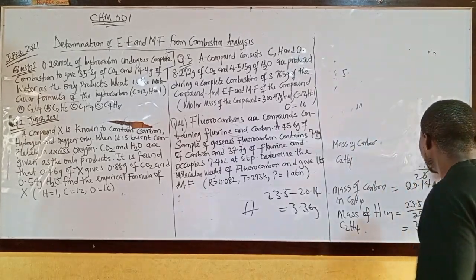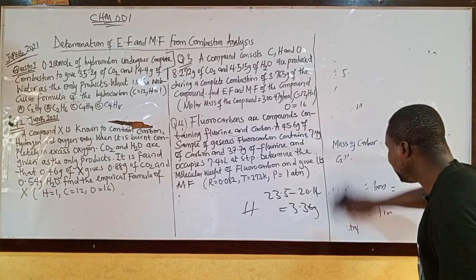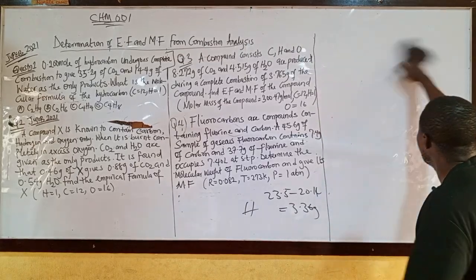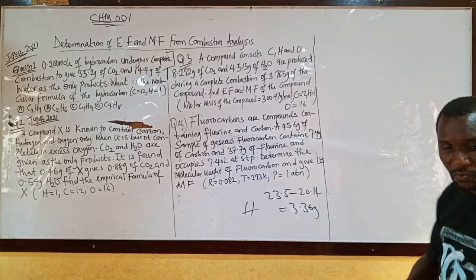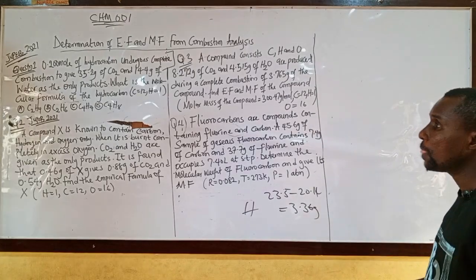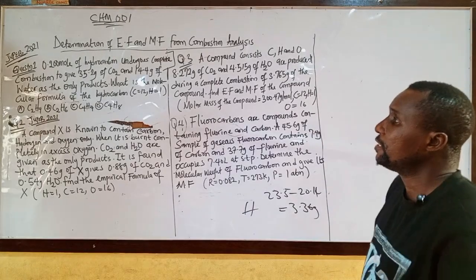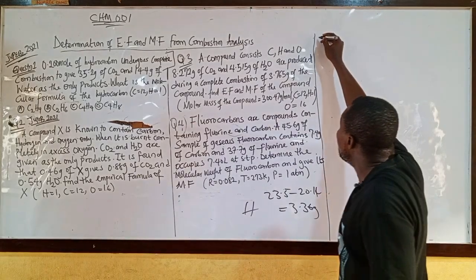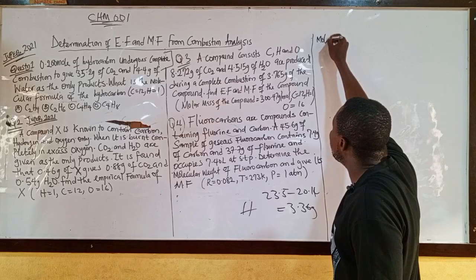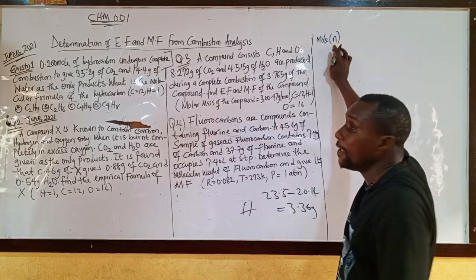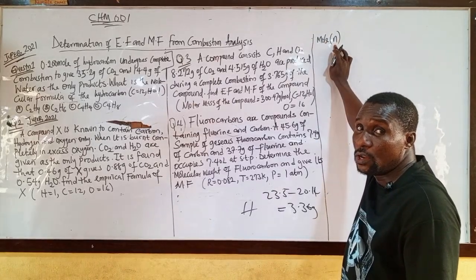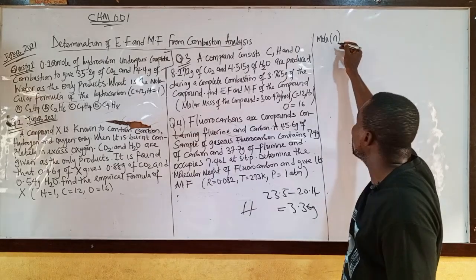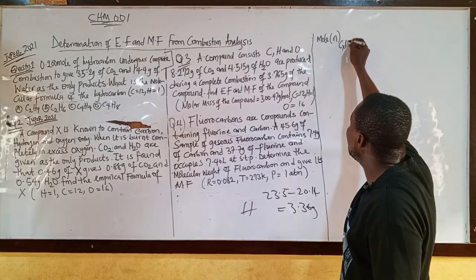Rule recap. Let's go to the first question now. Question 1 says 0.2 moles of hydrocarbon. The symbol for mole is small n. I don't know the hydrocarbon, so it is CxHy.